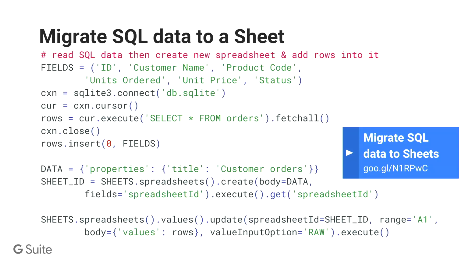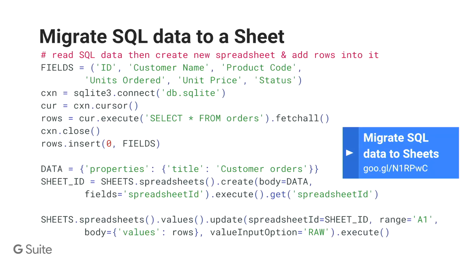So let's say I'm a toy manufacturer, and I want to track shipments of toys to customers and manage the status, but all of that data is sitting in a SQL database somewhere. So the first part of this code is to read out all the data from the SQLite database with these columns, and then I'm going to create a brand new spreadsheet called customer orders, and then I'm going to add all the values starting in cell A1 and add all the rows that I read out.